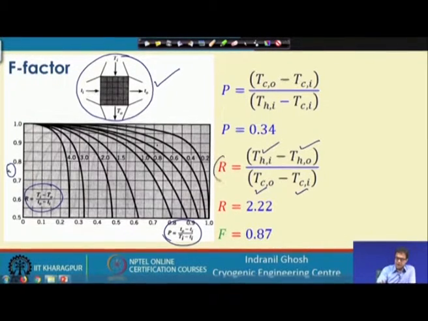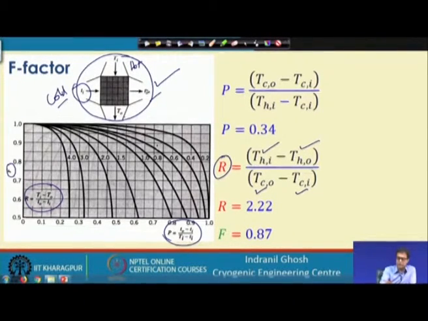And P is the cold fluid's exit minus inlet temperature, divided by the hot inlet minus the cold inlet. Here the small t is the cold fluid, and we have hot inlet, hot exit, cold inlet and cold exit.